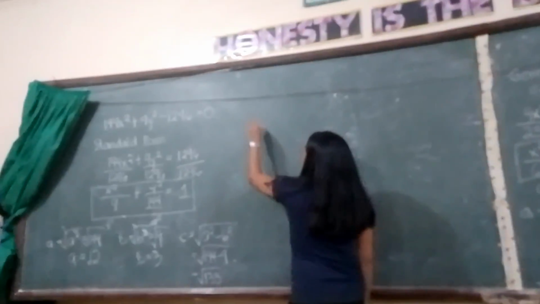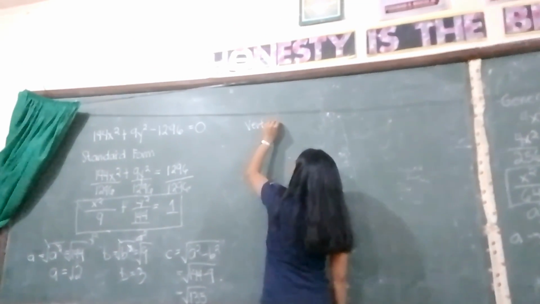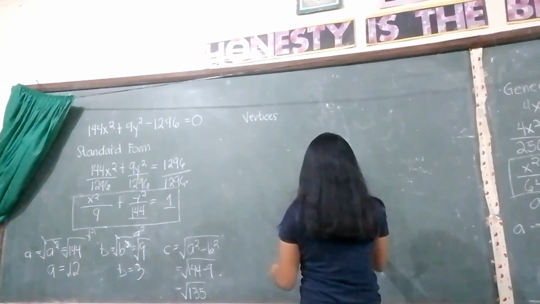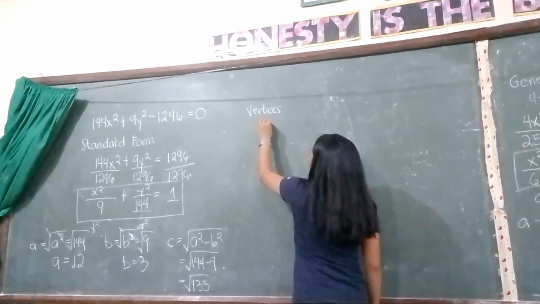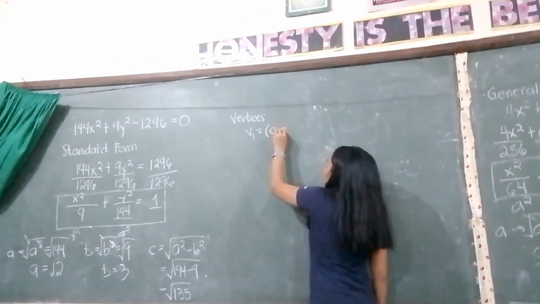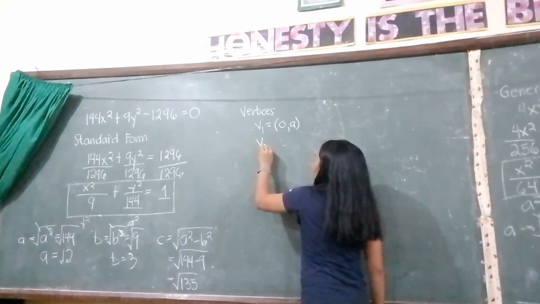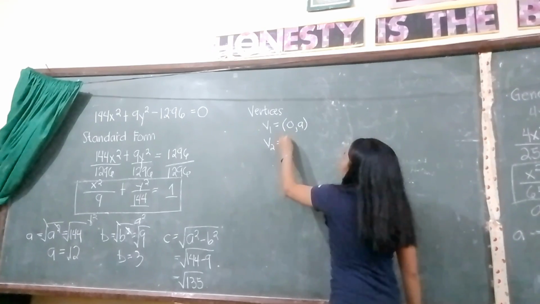So for our vertices, we have V sub 1 is equal to 0 and a, and our V sub 2 is equal to 0 and negative a.